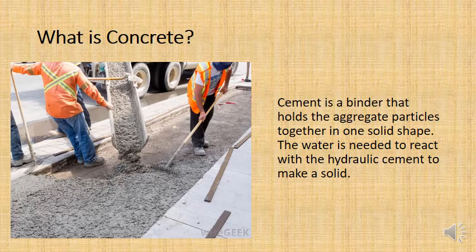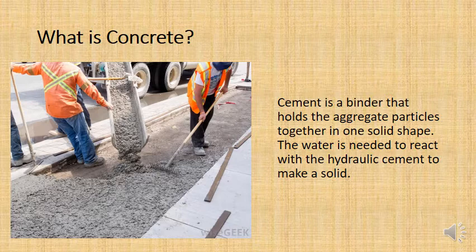So what is concrete? It's not cement, as I said. Cement is the binder that holds the aggregate particles together in one solid shape. And water is needed to react with the cement. And normally it's Portland cement, so it's a hydraulic cement to make it solid.